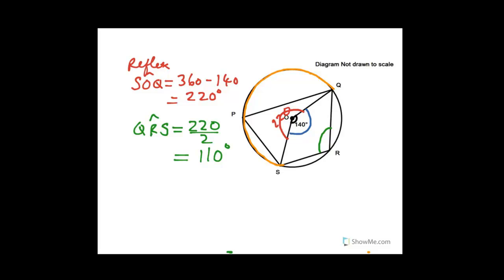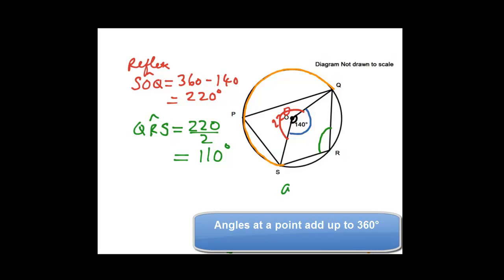So for the first part, the reflex angle, angles at a point, and you can continue by saying they add up to 360.